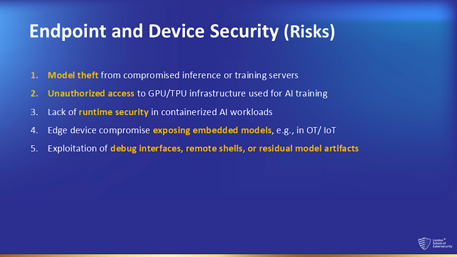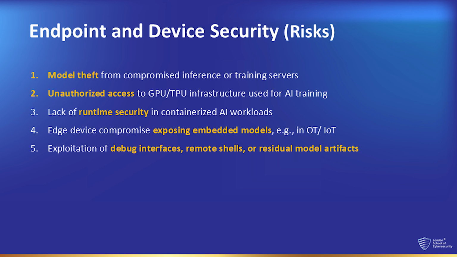Now GPU and TPU, what are these? These are the high power machines which are more suitable for running an AI model. Of course, we can run AI models on smaller scale laptops as well. You could run it, but obviously it takes time. But when we are talking about organization level scale, you do need a GPU or TPU infrastructure, used for AI training.